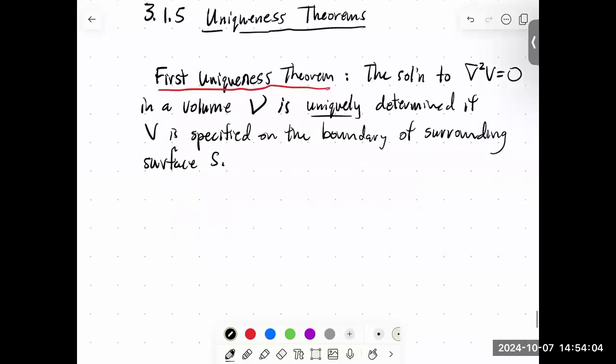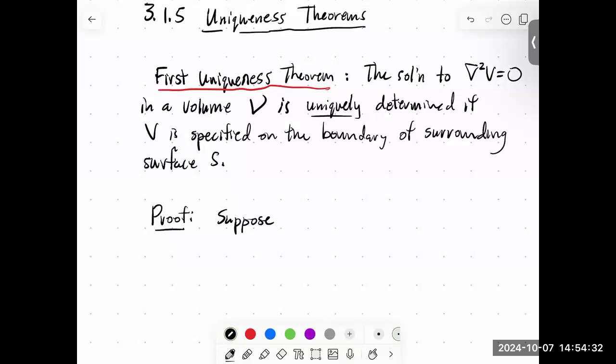So the proof is kind of neat because it's short, okay? And it's kind of clever. The way that this proof is going to go is we're going to assume that there's a counterexample where we can find two solutions that satisfy Laplace's equation and the boundary conditions, and then we'll show that those two solutions have to be identical.